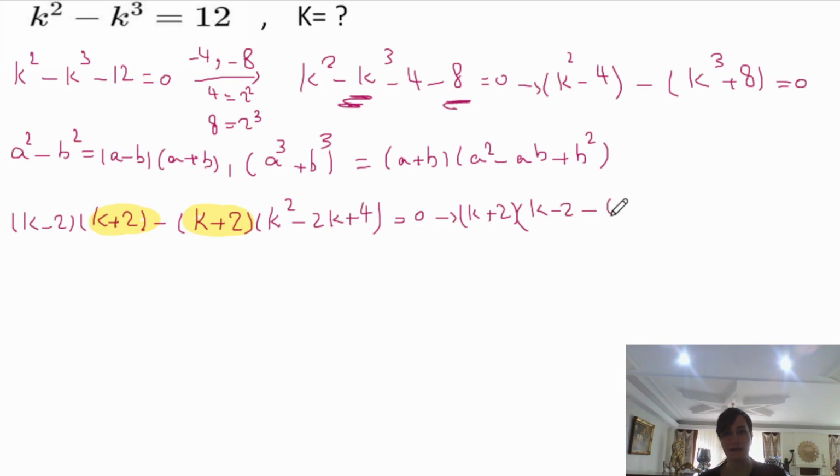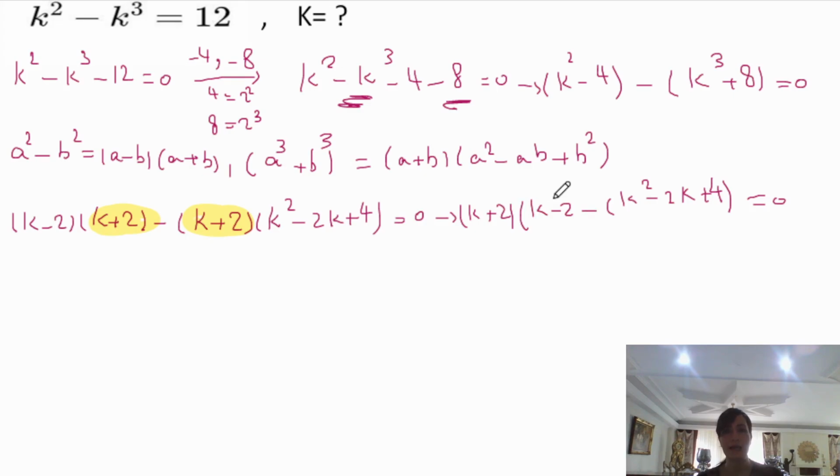The negative of k squared minus 2k plus 4 equals 0. Okay, here I have two parentheses. Let me rewrite it better. The product of these two parentheses equals 0.